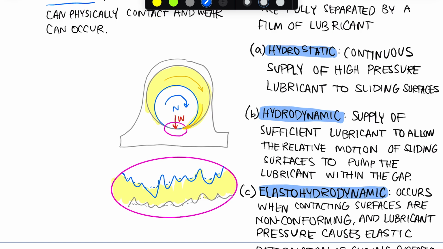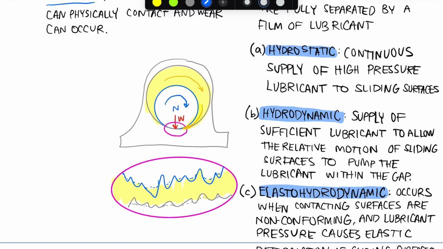This is hard elastohydrodynamic lubrication, and that happens when surfaces are in rolling contact, such as roller bearings, gears, and cam tappets. The order of deformation for those surfaces is going to be to do with the size of the contact area that you've learned about in Hertzian mechanics.